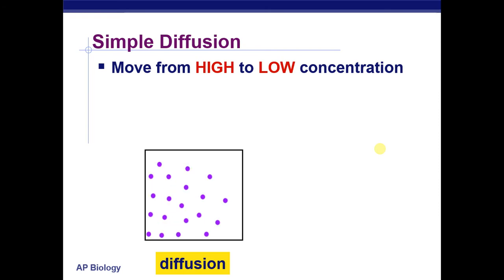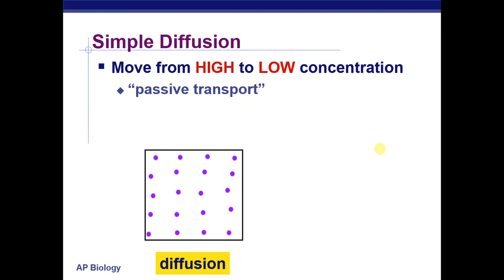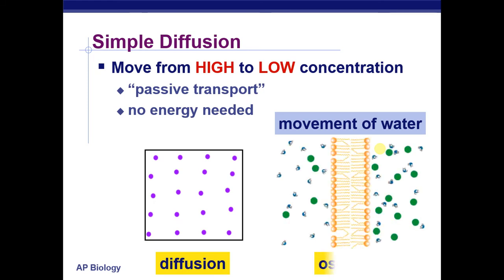So simple diffusion like that moves molecules from high to low concentrations. And it's an example of what we call passive transport because no energy is needed. We say that it happens spontaneously, all on its own. So as an example, like we saw in this animation, all of these purple molecules were concentrated on this side of the screen, and over time they spread out, diffusion.